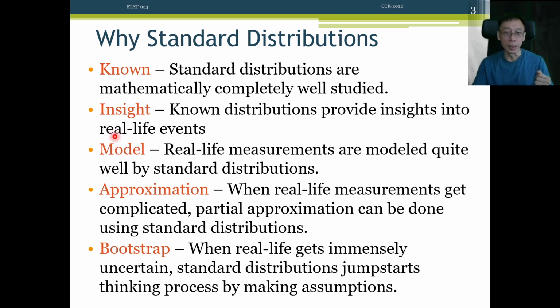And modeling, right? I've actually already been using this benefit in that real life measurements often are quite expensive and time consuming, and sometimes not even possible, even if you have the time and the resources. So using a model as a rough estimation, and it may even be quite accurate, then we are pretty lucky.